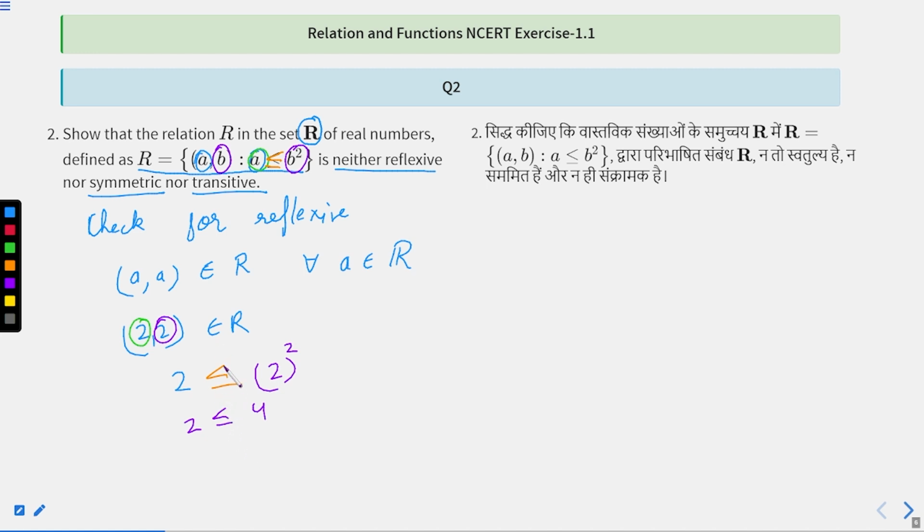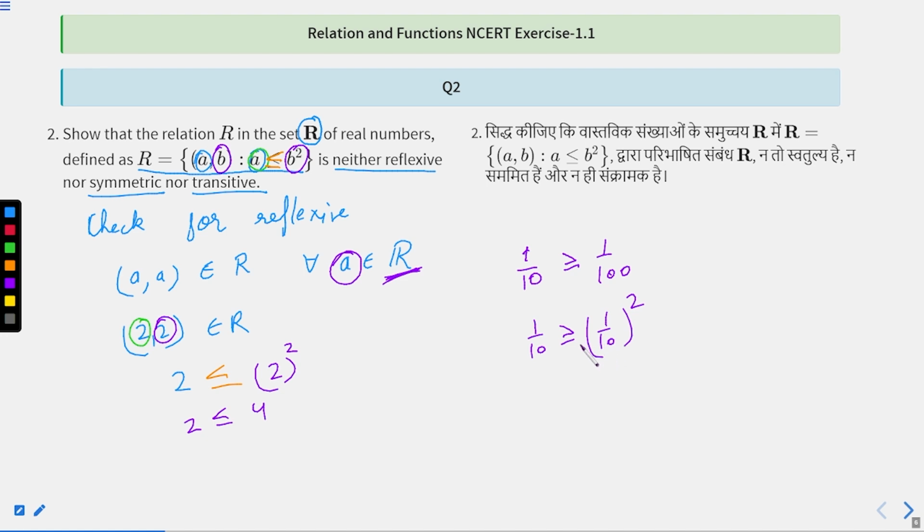Yes, it seems like it's going to be true, but no. Why? Because we are talking about a such that a belongs to the set of real numbers. In real numbers, if you recall, 1/10 is greater than 1/100. Is it so? Yes. So 1/10 is greater than 1/100, and we know 1/10 is greater than or equal to (1/10) squared.